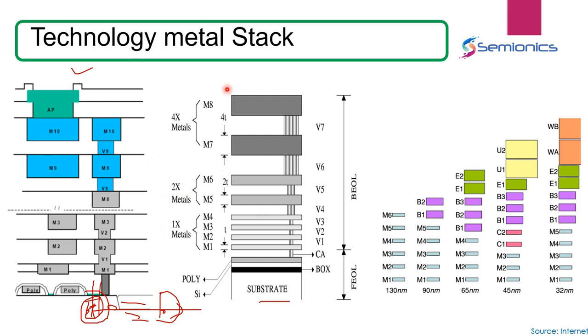You go to 7 and 8, it is thickness 4t, but 4x. It's not taking the reference of this, it's taking the reference of the very first metal. It says 4x. This M7 or M8 is 4 times wider or thicker than metal 1. That's what it's trying to show.